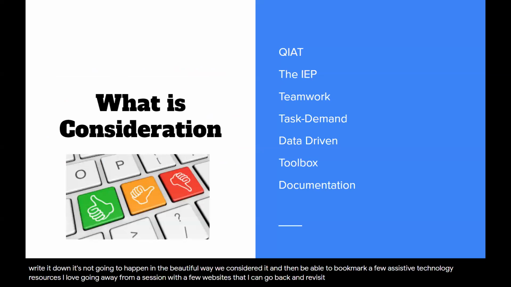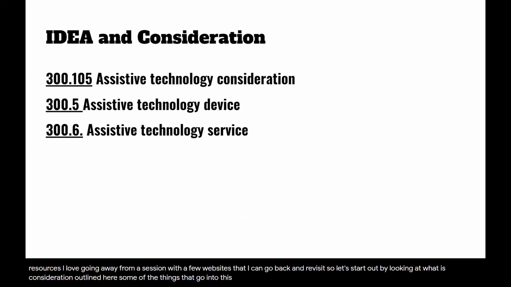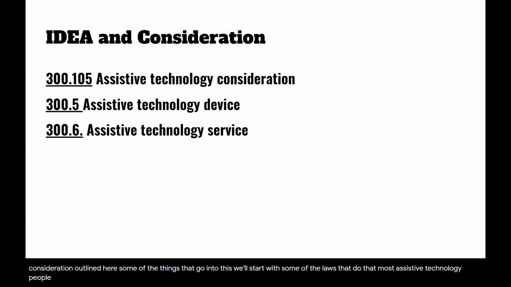So let's start out by looking at what is consideration. I've outlined here some of the things that go into this. We'll start with some of the laws that do govern that. Most assistive technology people know these laws pretty much by heart, but under the Individuals with Disabilities Education Act, we do have three big sections that apply to assistive technology.